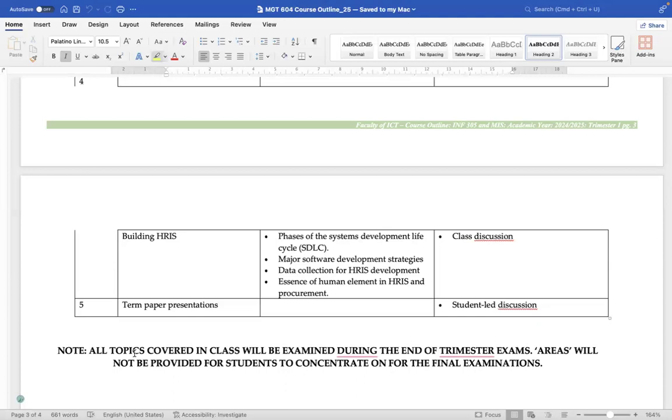We'll talk about how we can collect data to help us develop our HRIS. And we'll also highlight the essence of the human element, being the stakeholders of the system, and how it influences our adoption of HRIS, how we build HRIS, as well as how we can procure HRIS.